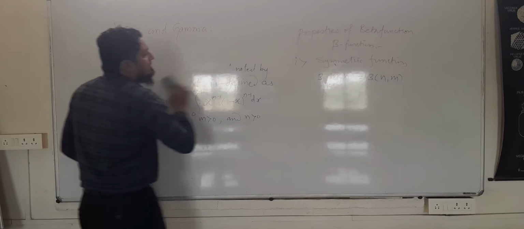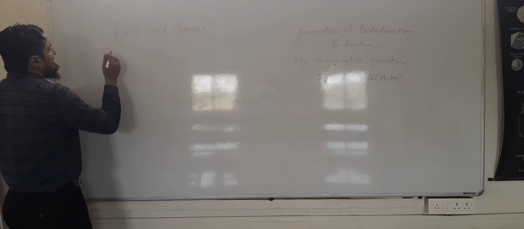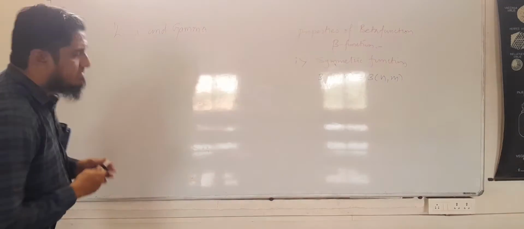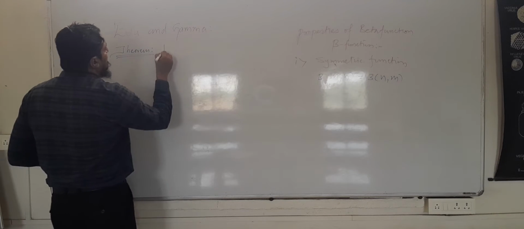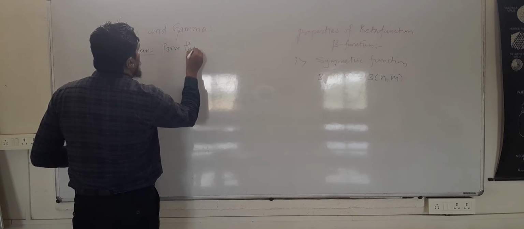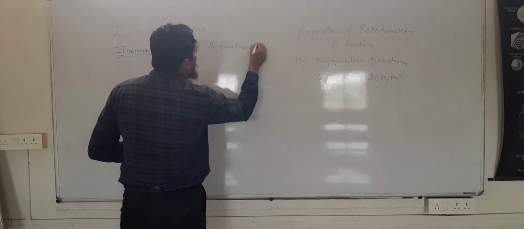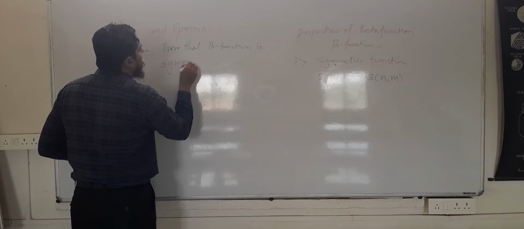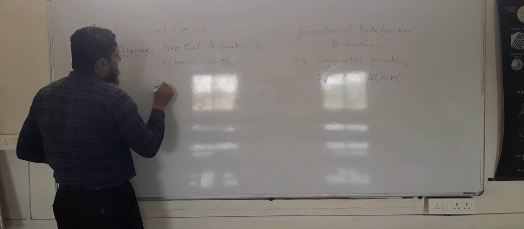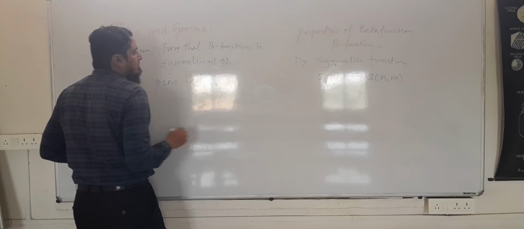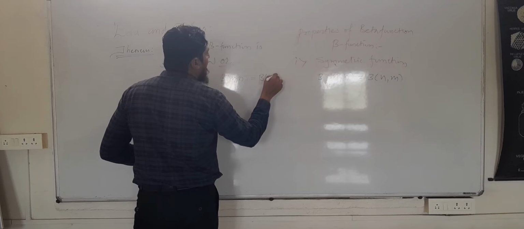Since we know the definition of beta function, or we can say the theorem: prove that beta function is symmetrical, or prove that beta m n is equal to beta n m.